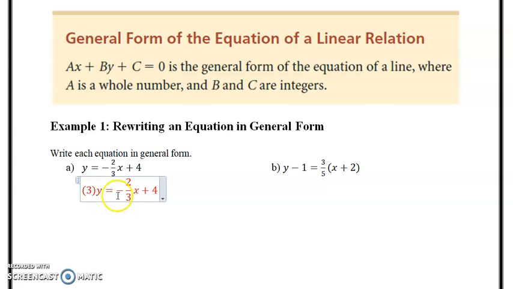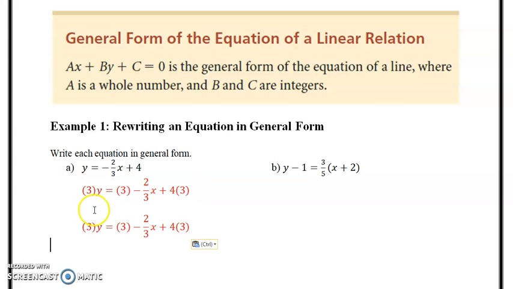So I'll show that with the brackets. We should multiply each term by 3. And now 3 times y is obviously 3y. 3 times negative 2 over 3, the 3 in the denominator divides with the 3 in the numerator to give you 1, and that's why we did that, because we wanted to get rid of that term.